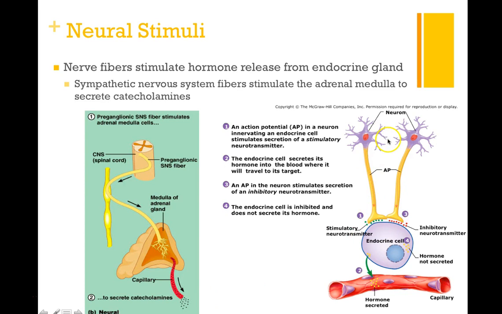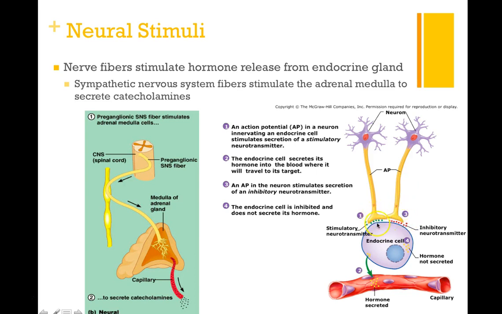So this image over here is just showing you how the nerve impulse is going to travel. So here was our cell body. That nerve impulse travels through. Nerve impulse, by the way, is the same thing as an action potential. So our action potential, or AP, is traveling through, and then we can have either stimulatory neurotransmitters like epinephrine, or we can have certain nerves that give more of an inhibitory neurotransmitter being released.